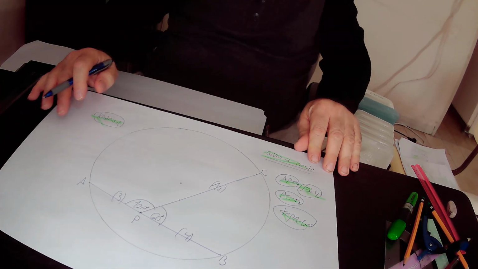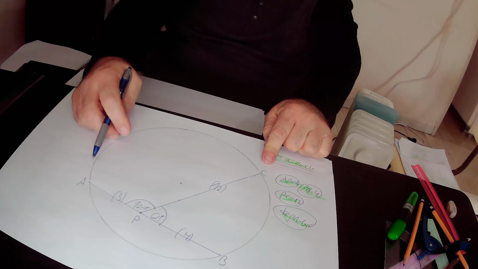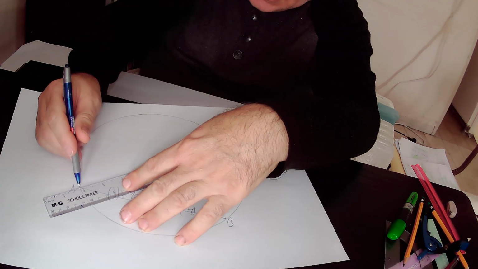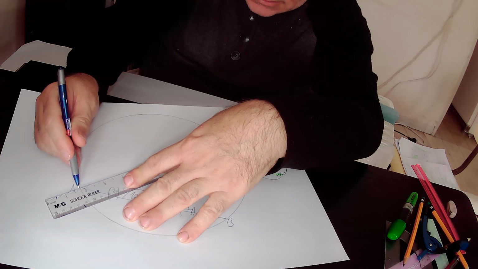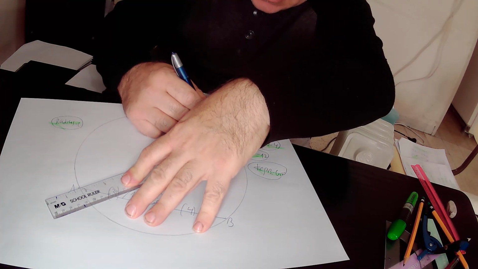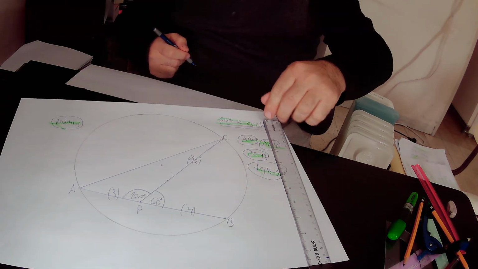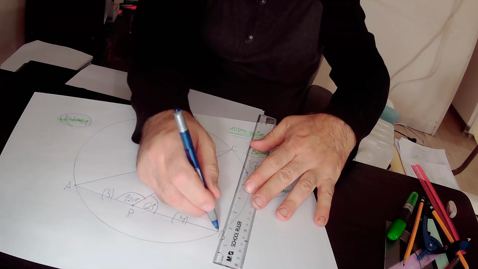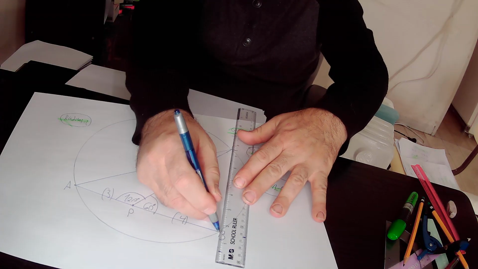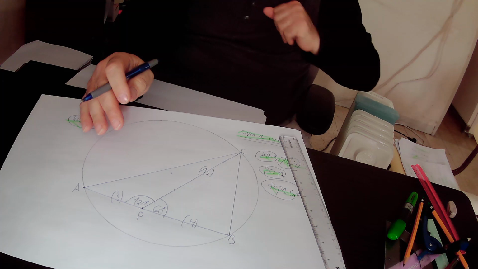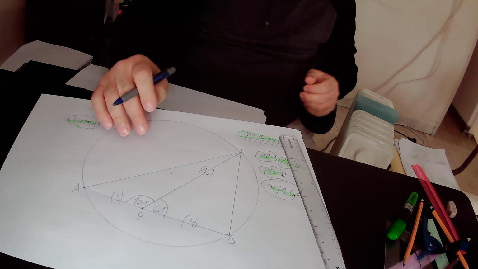In the next step, we'll join points A and C together by a straight line, and we join points B and C together by a straight line. By doing those constructions, we create three triangles.